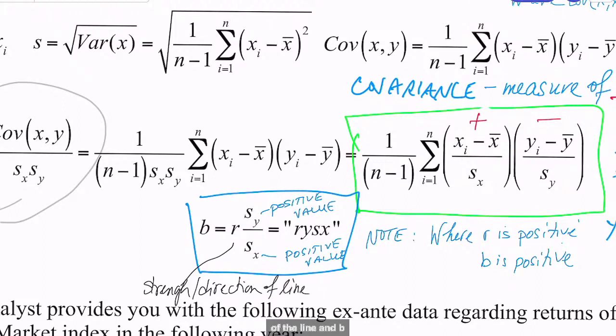R gives you the strength of fit and the direction of the line, but B just gives you the slope of the line. And we're just doing this for 2 variables at a time.